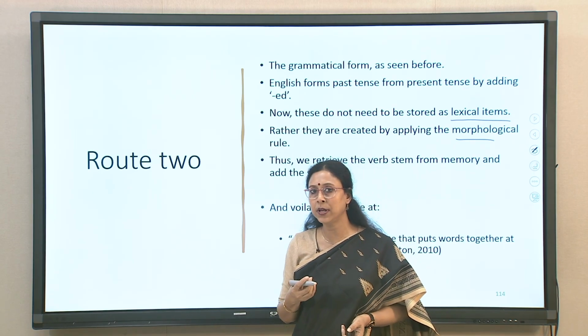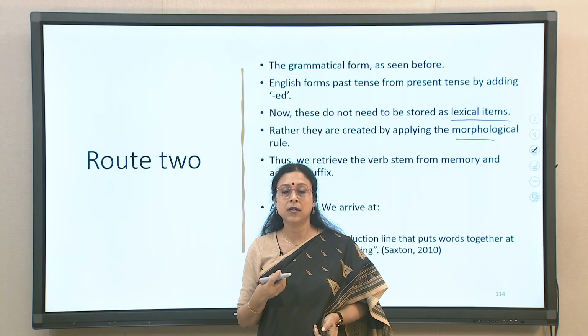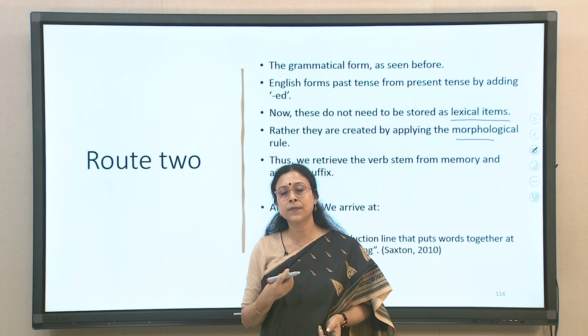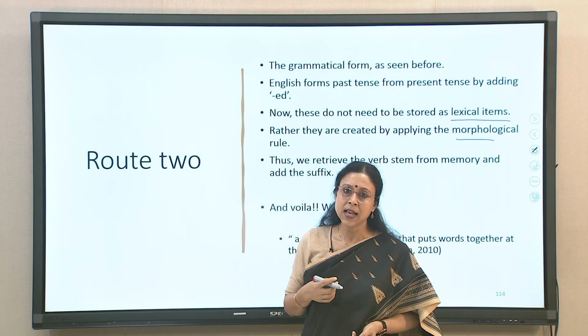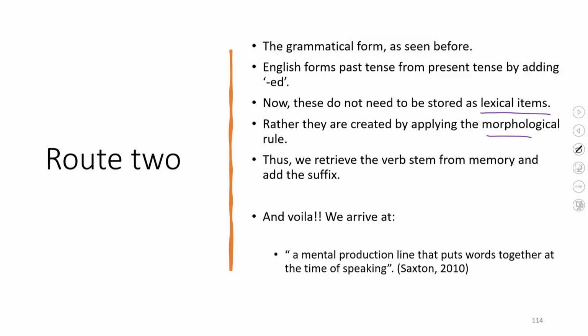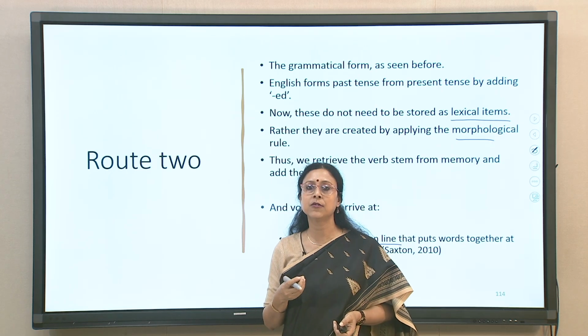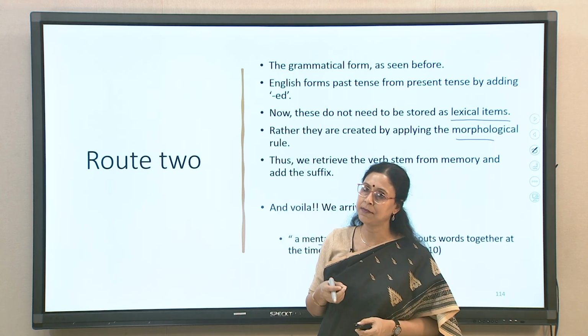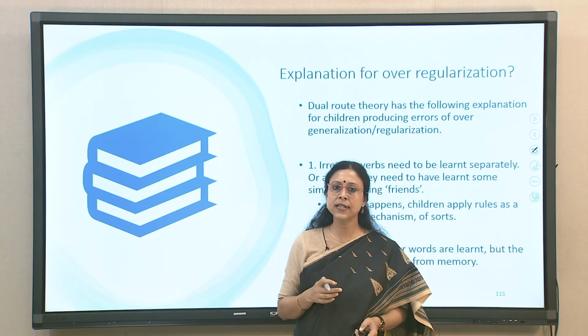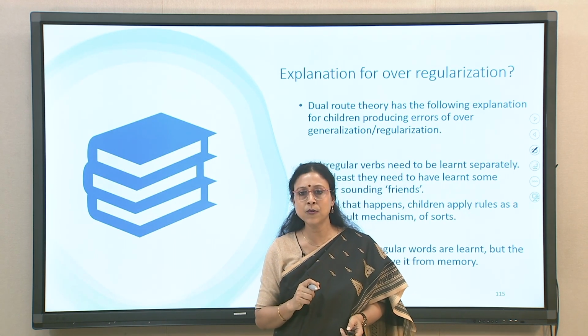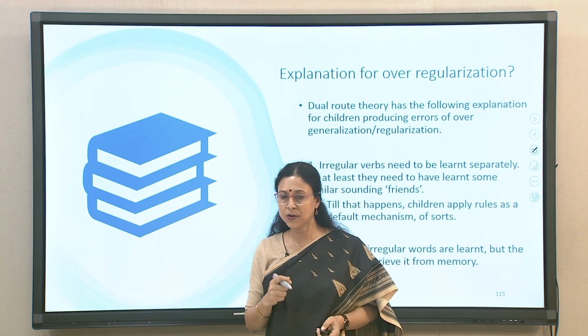This is supposed to be a very productive way of creating words, a very productive way of getting to the complex morphological structures, and that is why it has been called a mental production line. So, that puts words together at the time of speaking. Just as when you are about to speak, this kind of mechanism happens behind the scenes, and thereby you have your word. So, these are the two kinds of routes that the dual route hypothesis talks about.